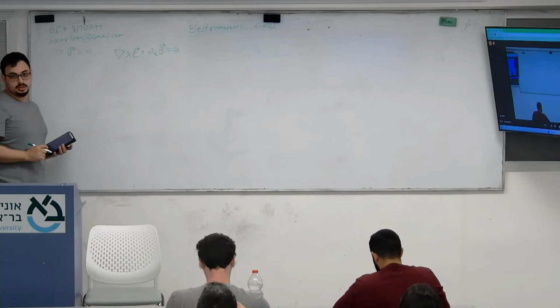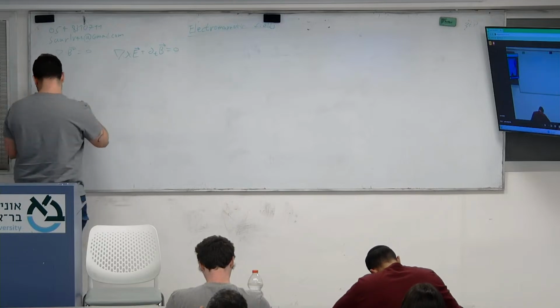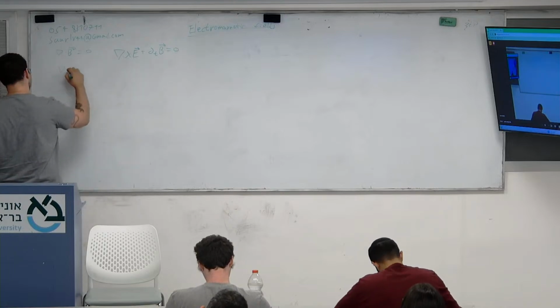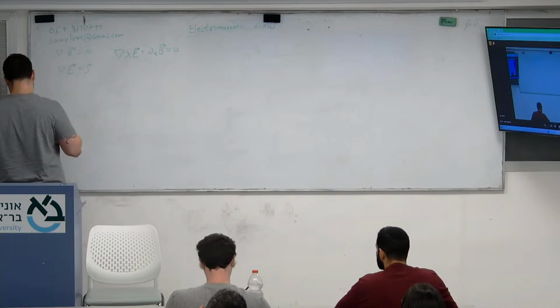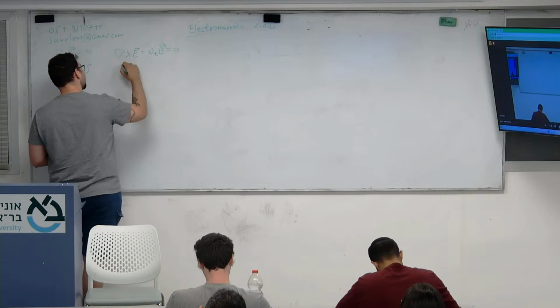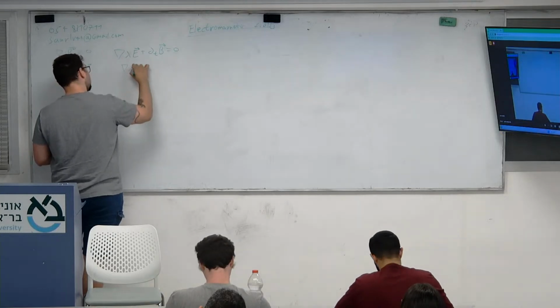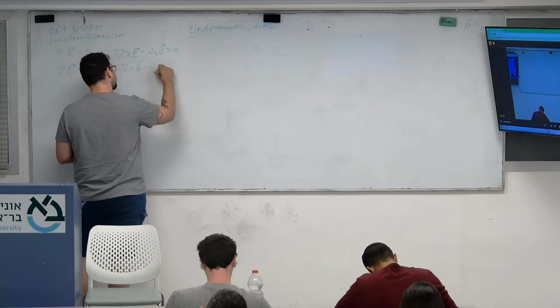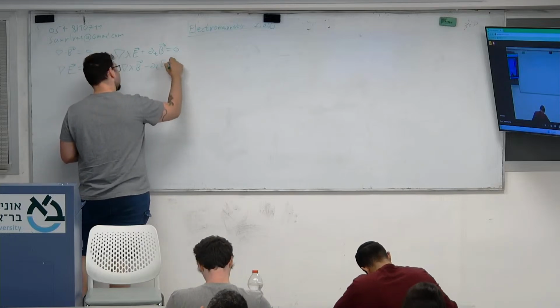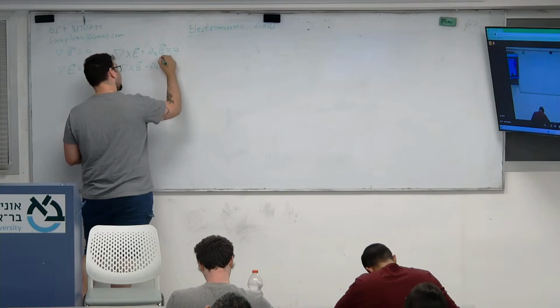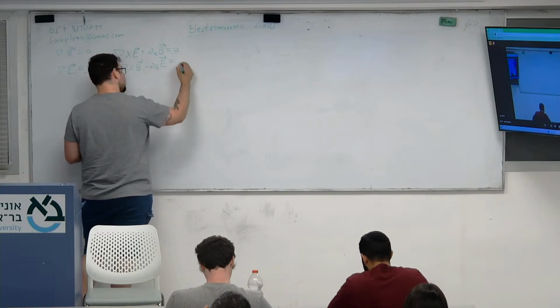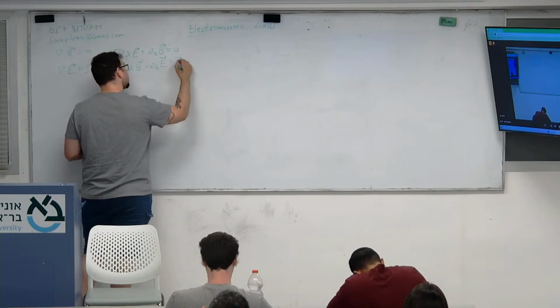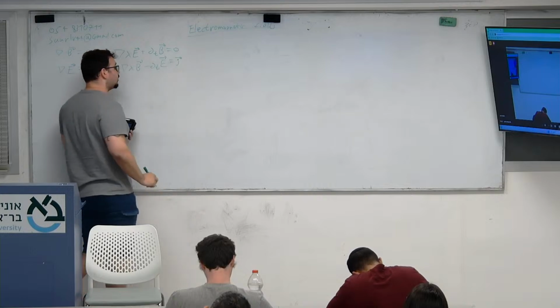And we have the two inhomogeneous equations. The divergence of the electric field equals the charge density, and the curl of the magnetic field minus the time derivative of the electric field equals the current density.